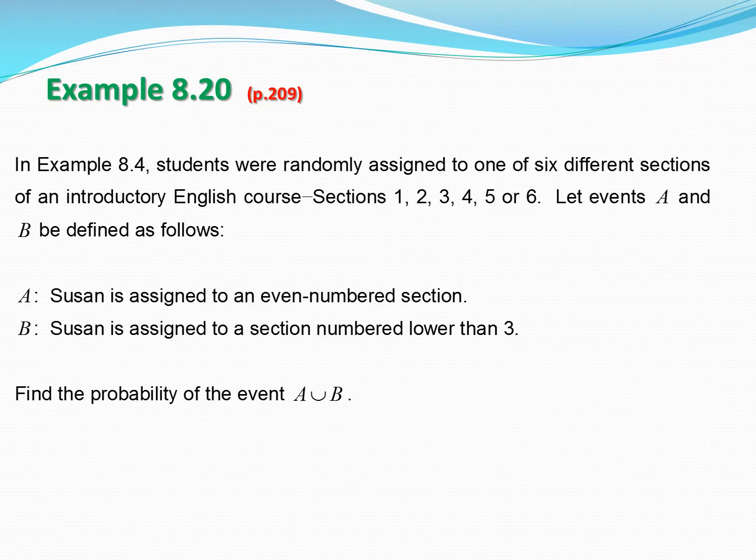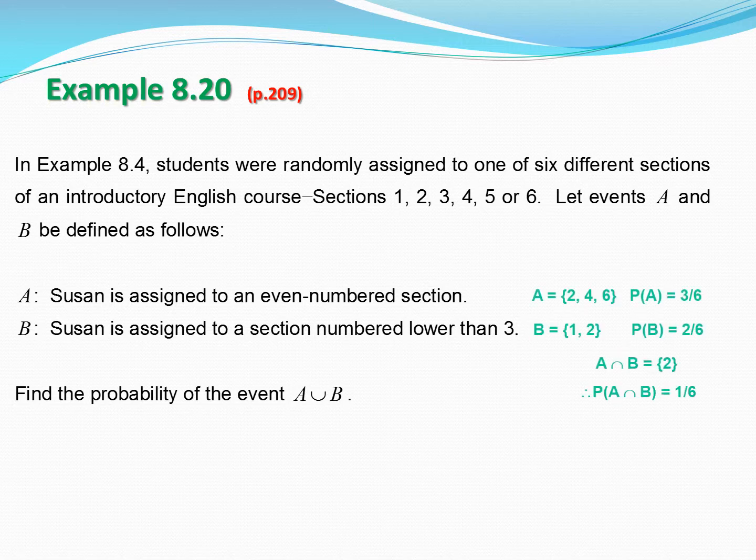For example, students were randomly assigned to 6 different sections of an introductory English course, sections 1 up to 6, and events A and B are defined as follows. A is the event that Susan is assigned to an even number section, so the outcomes in A will be 2, 4, and 6. B is that Susan is assigned to a section numbered lower than 3, so that will be the outcomes 1 and 2.